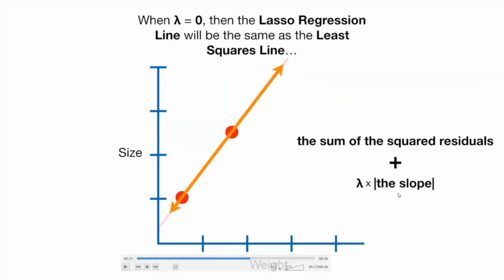If lambda is 0, then the penalty doesn't make sense, and you'll end up arriving at the same solution as linear regression. So for lambda equal to 0, linear regression, Lasso regression and ridge regression are all equivalent.